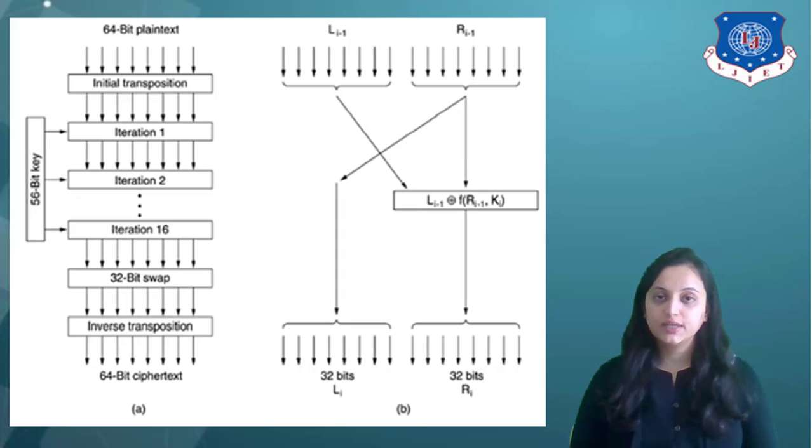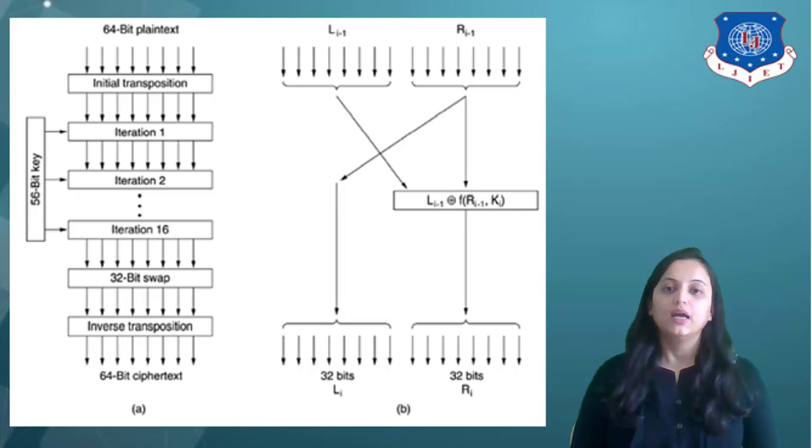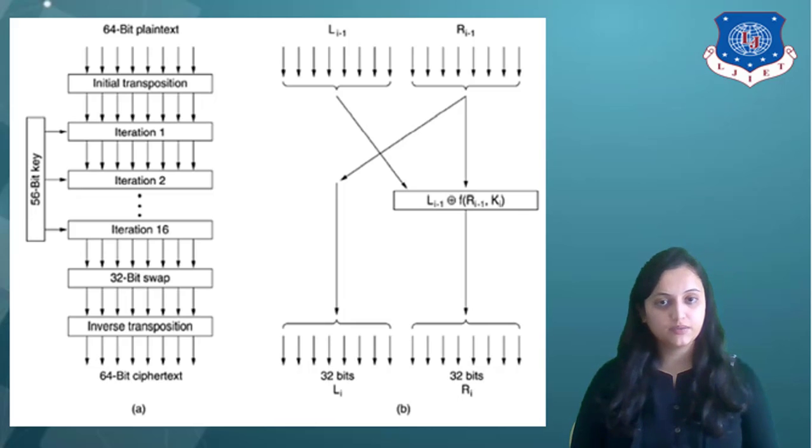The last stage is the exact inverse of this transposition. The stage prior to the last stage exchanges the leftmost 32 bits with the rightmost 32 bits.